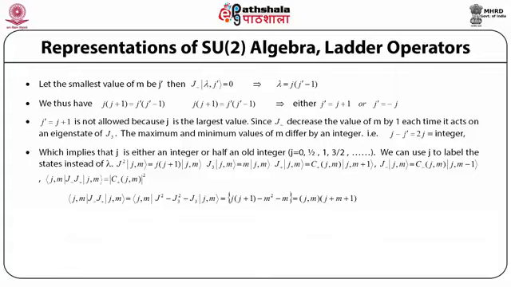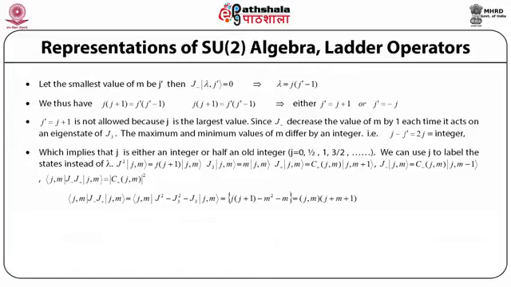Therefore, we can see that this constant, c plus jm whole square, can be written as the expectation value of J minus J plus between the states jm.